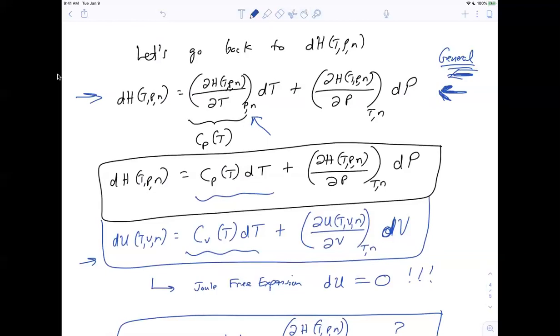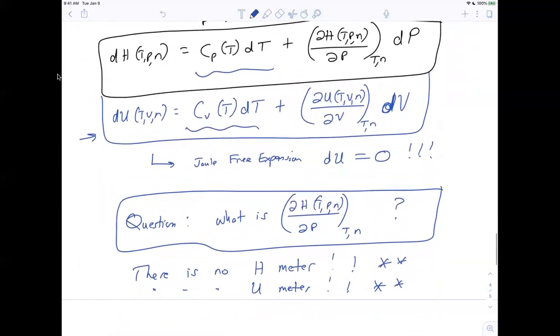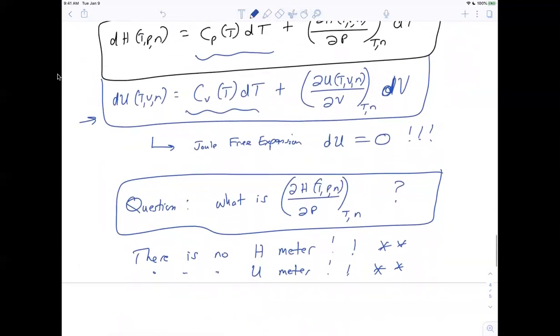All of these partial derivatives have a constraint on them, so I can fit in pieces from other processes that have that matching constraint. But overall, this whole equation is general. As is the case for dU, which is this equation here, in blue.